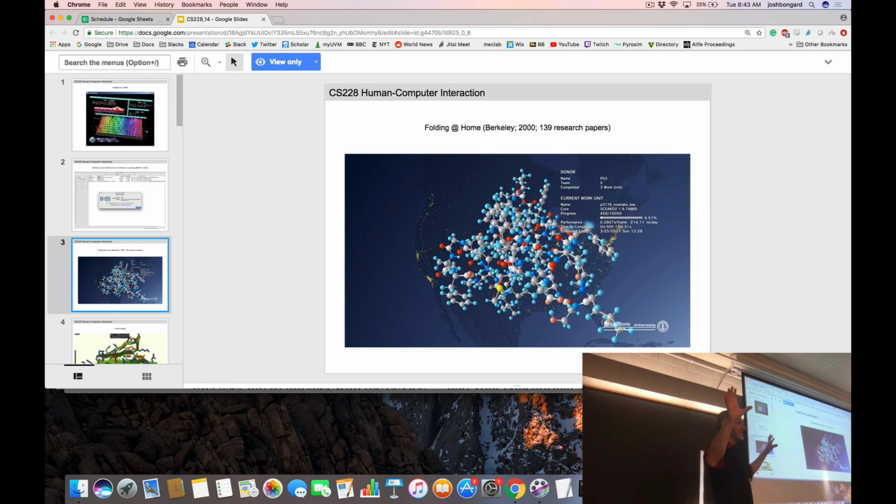Once a protein is constructed, it will gradually start to fold into a three-dimensional shape. And depending on the number and distribution of peptides along this one-dimensional string, some of them attract one another, some of them repel one another in a very, very complicated manner.